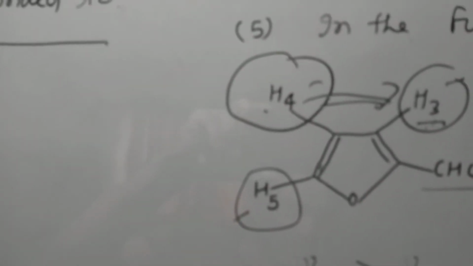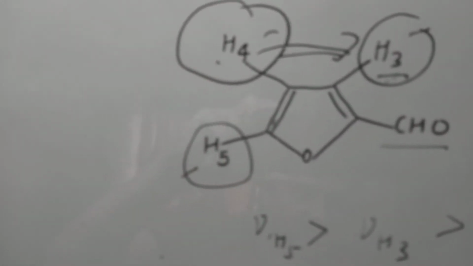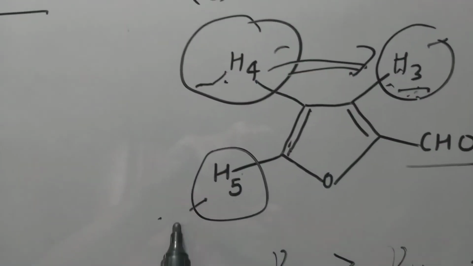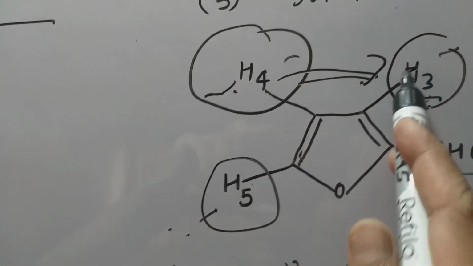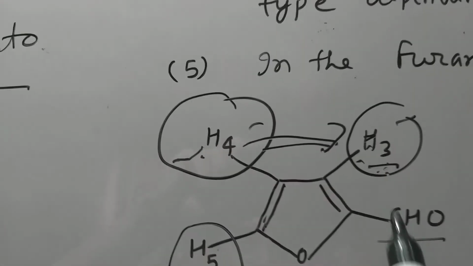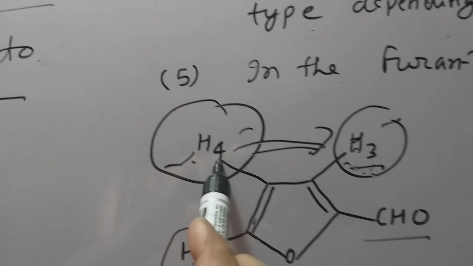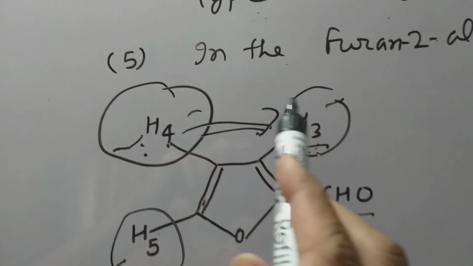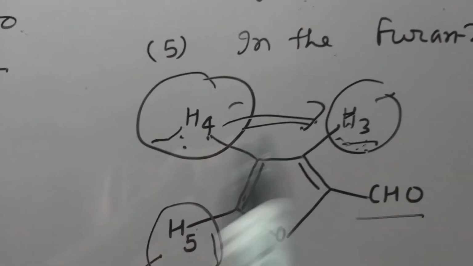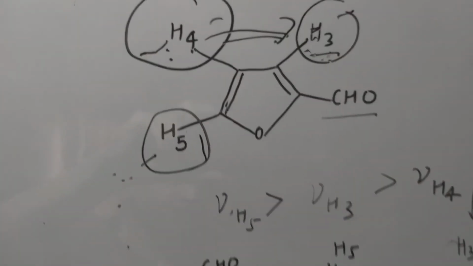We can also explain a similar pattern for H3. H3 can couple with protons H4 and H5. This is a long range coupling which has a very low value, about 1 Hertz. First its peak will split into a doublet by coupling with H4, followed by coupling with H5. Then it will also give a doublet of doublets.